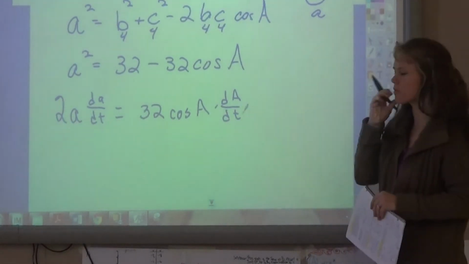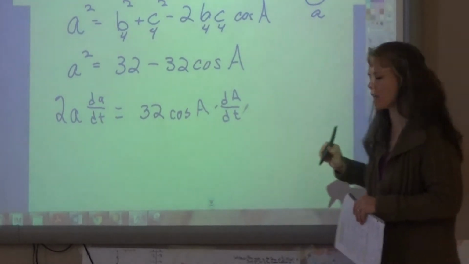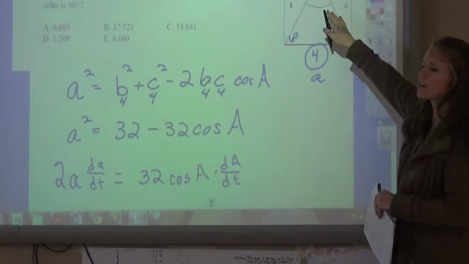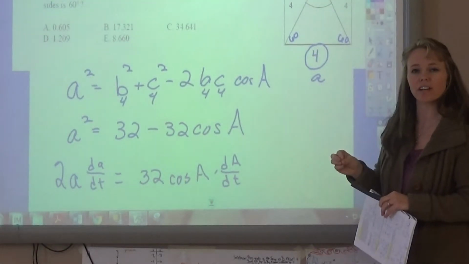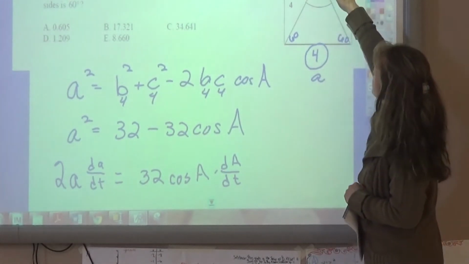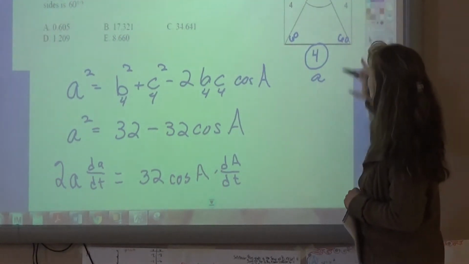Now I'm ready to put in some information that I know. I know that in calculus, when I'm looking at things that relate to change, radians are almost always the way to go. The only time we actually keep degrees is if the problem has units such that degrees are going to cancel. And this one makes me nervous, so I'm going to go ahead and make this 60 degrees into pi over 3.